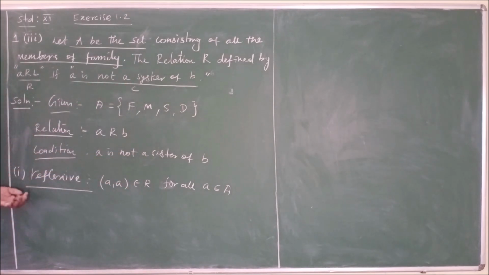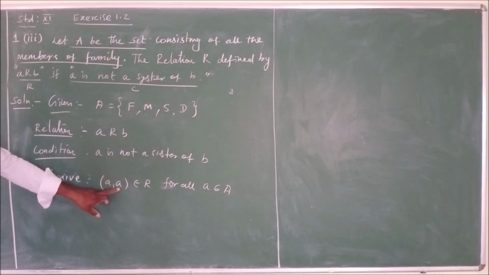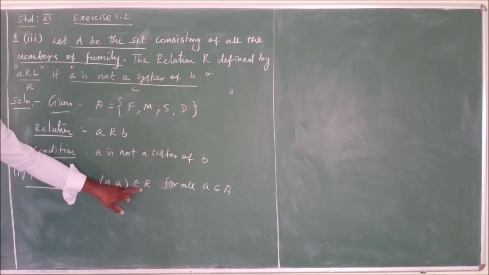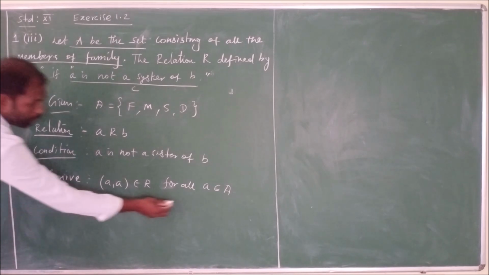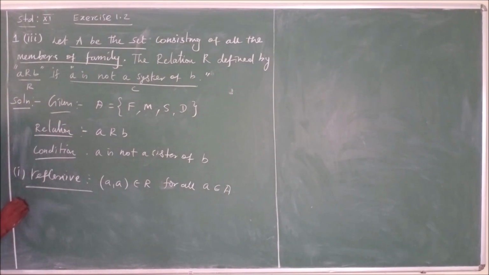First is the reflexive relation. A is related to A belongs to R, for all A belongs to the set. The basic definition of reflexive relation is A related to A. Second is the condition.